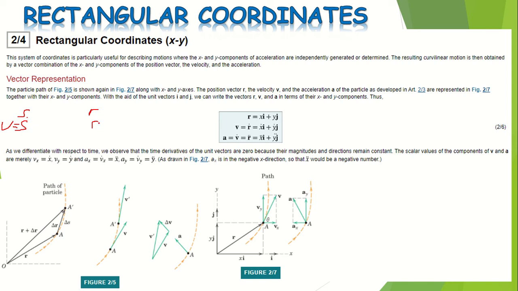So when you take the derivative of r, we put the dot here to indicate the derivative of r. So this is our v, the velocity.